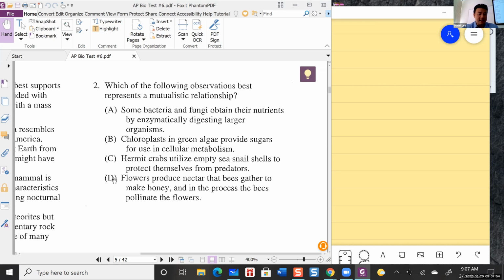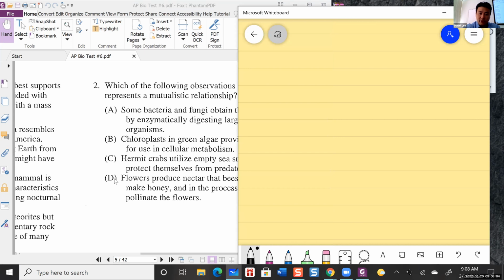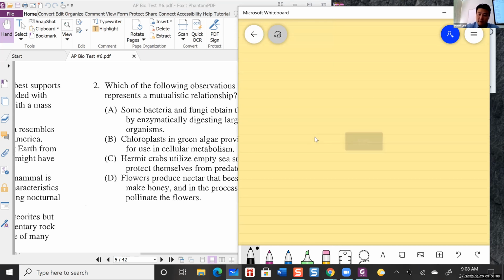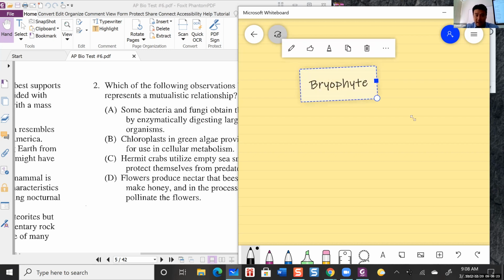So flowers have had a mutualistic relationship with insects, with birds, and with mammals for the history of Earth, yeah, since flowering plants evolved. So I want you to know the term for flowering plant a little bit. Now the most primitive plant is the bryophyte.